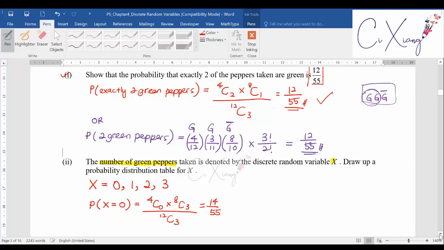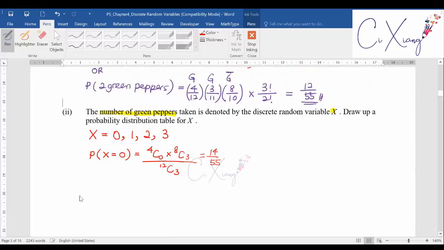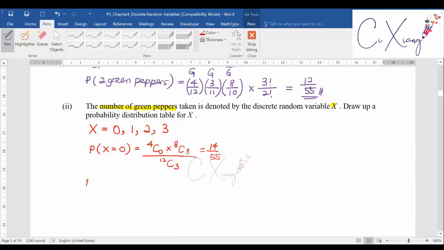Then how about for X equals 1? 4C1, choose 1 green pepper, then 8C2, divided by 12C3. You should be able to get 28 over 55.